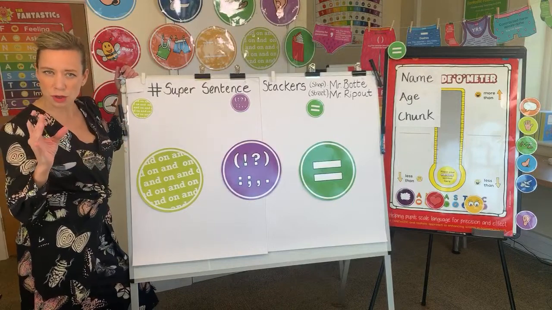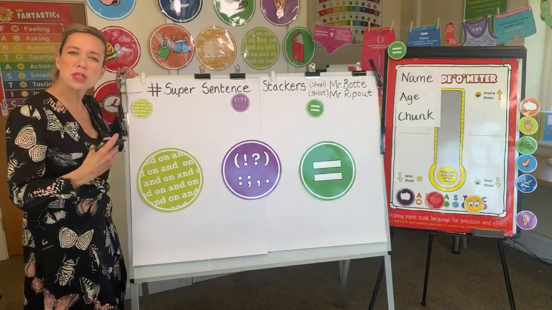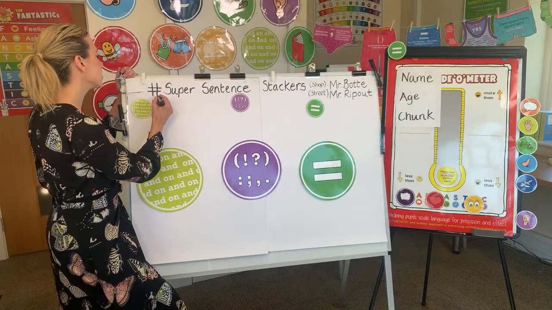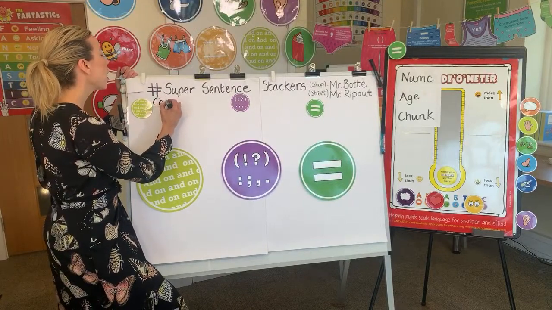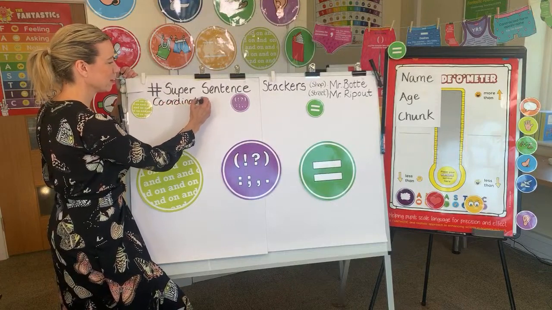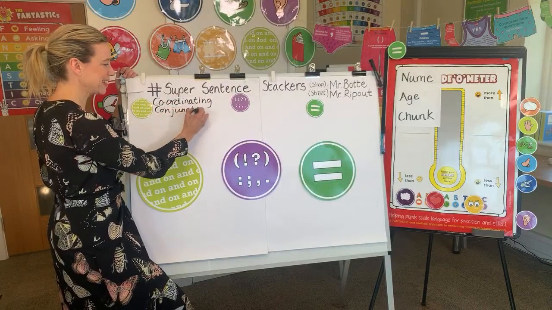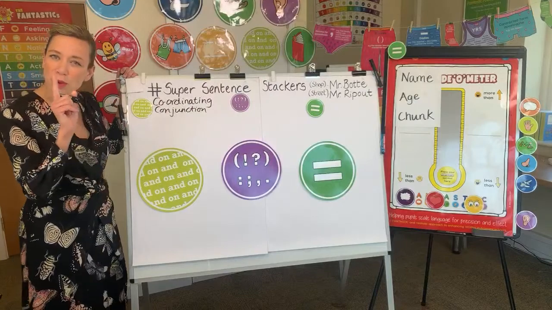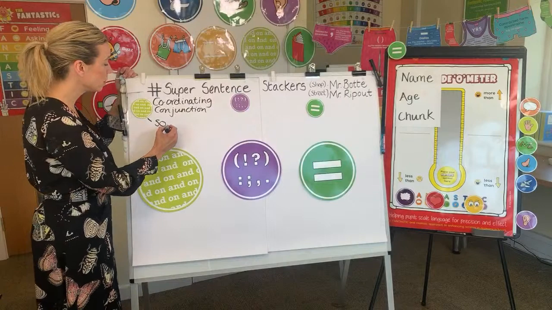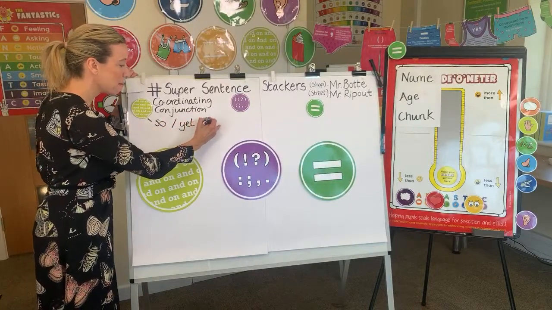I'm going to give you the choice. When you're going to choose a word to emphasise today, we're going to see if we can do it with a coordinating conjunction. These are the 3 choices today. You could either do it with this word, so, or this word, yet, or this word, but.